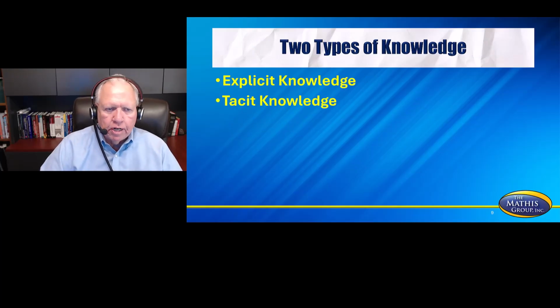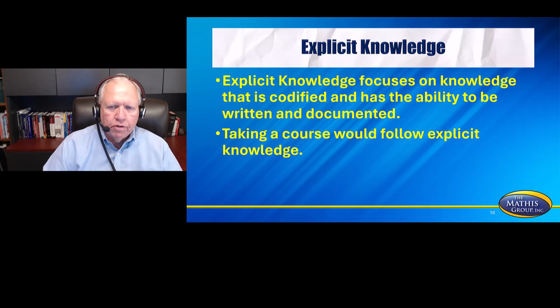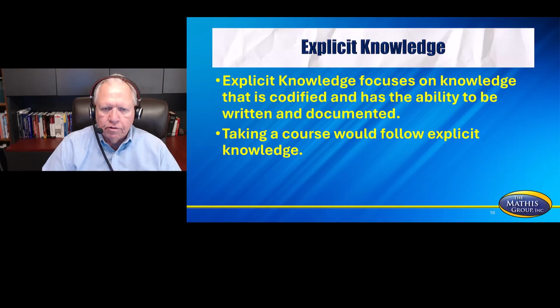Now, there are 2 types of knowledge we want to talk about: explicit knowledge and tacit knowledge. Explicit knowledge is knowledge that is codified and can be written and documented. Taking a course would follow explicit knowledge. Looking at a PowerPoint like we're doing today, this is explicit knowledge I'm passing on to you.